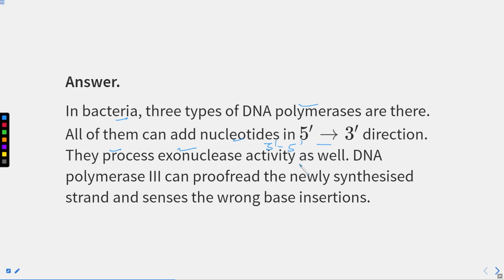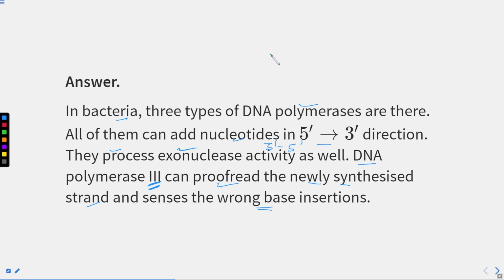Out of the three DNA polymerases, DNA polymerase 3 plays a major role. Although other polymerases also have this exonuclease activity, polymerase 3 plays a major role in proofreading. It can proofread the newly synthesized strand and senses the wrong base insertion.